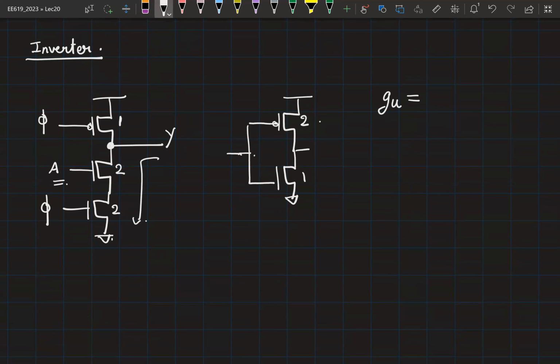This is 2 by 3. So here you have 2C. From here you have 3C. So you'll get 2 by 3, which is now smaller than the reference CMOS inverter's logical effort.